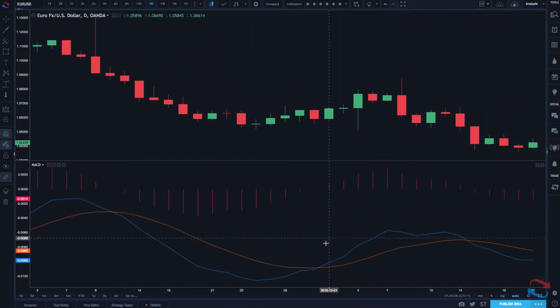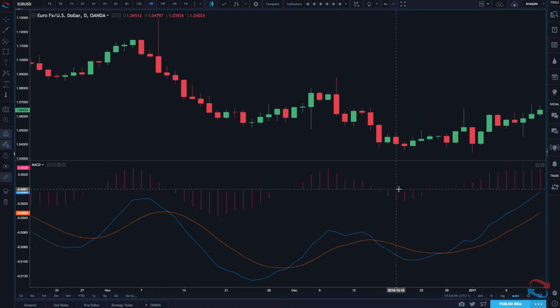And if we look here where we have the signal line crossing the MACD line to the upside, we notice we now have what we would call positive momentum to the upside. Instead of having bearish momentum to the downside, once it has crossed, it is indicating potential bullish momentum to the upside.